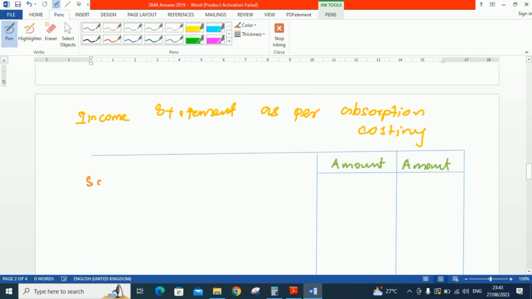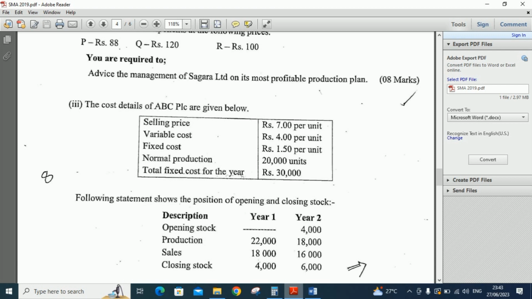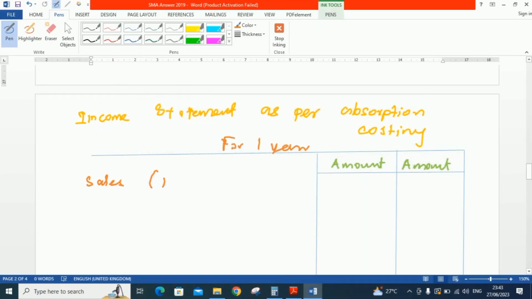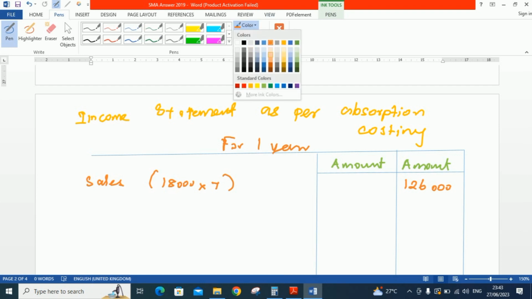So we can prepare sales. First year sales for the first year, 18,000 into 7, 126,000 total sales. Then we can calculate the production cost.